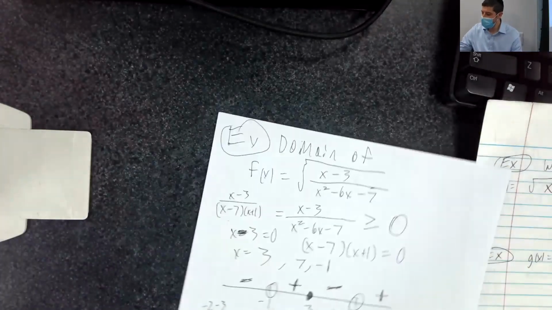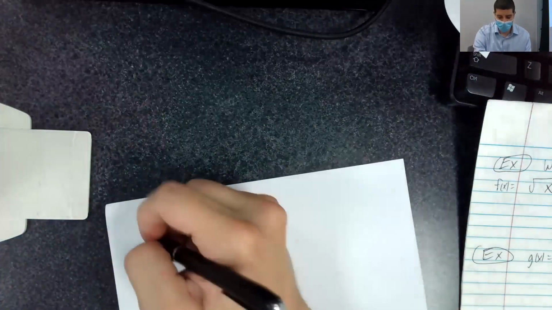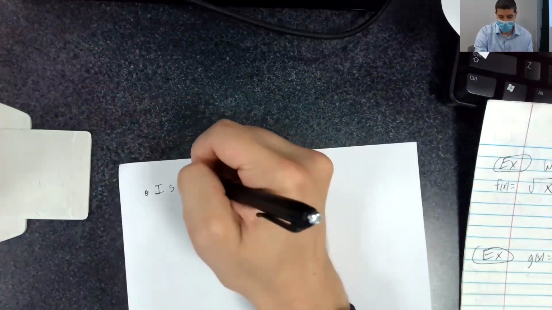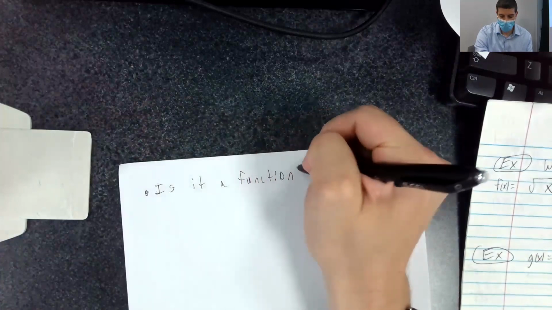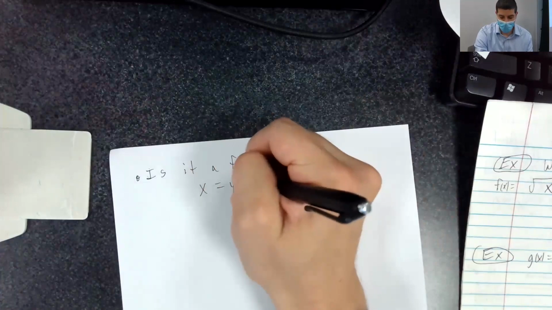Okay, so here's an example of just, again, we talked about what is a function and what's not a function. So again, let's practice it again. Is it a function? x equals y squared.